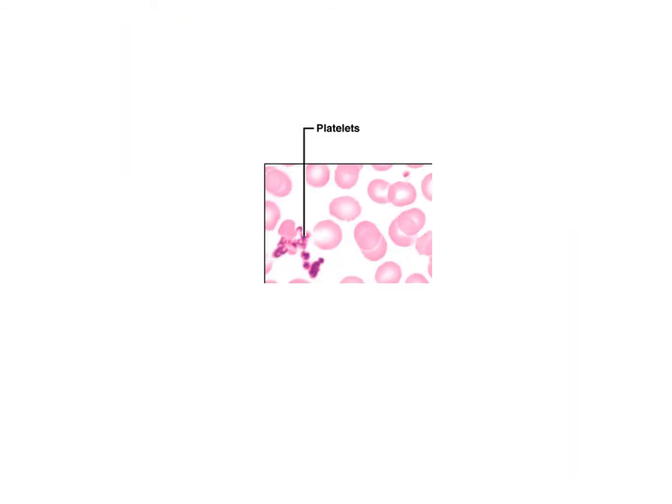The platelets are small. If you want to have some idea of the size, there is just one platelet right here. And this is a red blood cell, which is approximately 8 micrometers across.